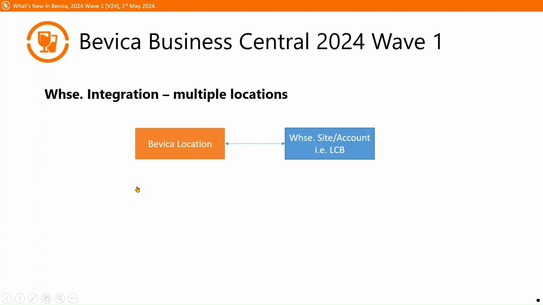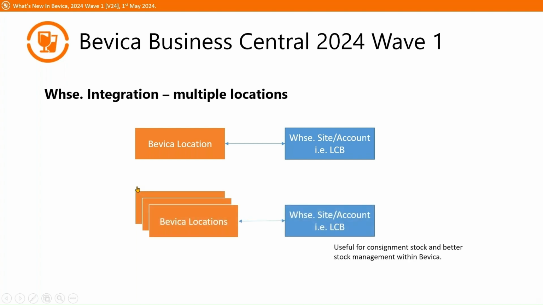So you have one location in Bevica looking at one site in Vision, so effectively one warehouse. And that's all well and good, but we found that some people wanted us to make it a little bit more flexible. So now what you can do with the release that's coming up is you can have multiple locations in Bevica all looking at the one site, so LCB, for example.